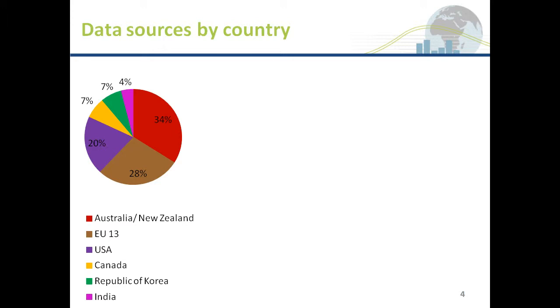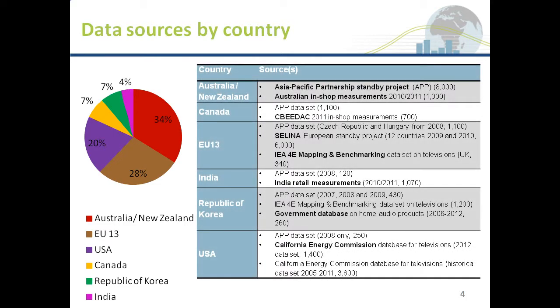Now, the projects that gave rise to this data are shown in the table here. One of the major projects was in fact an Asia-Pacific Partnership sponsored project, which provided data for Australia, Canada, the EU, India, Republic of Korea and USA. But this is supplemented by several other project data sources, including a buildings survey project in Canada.